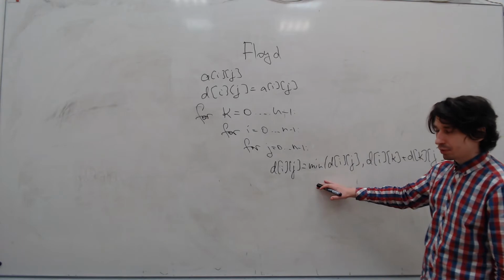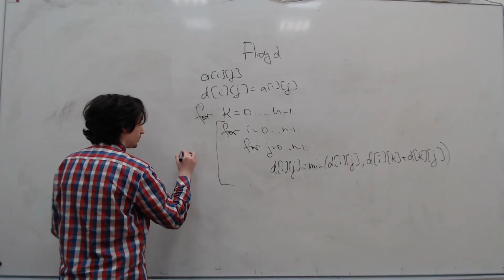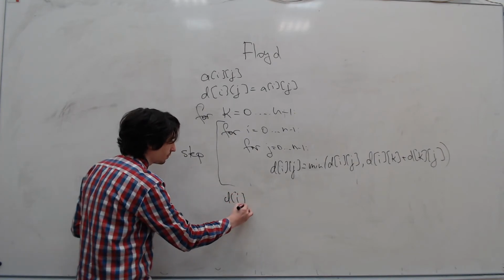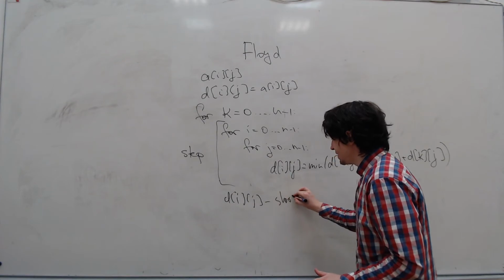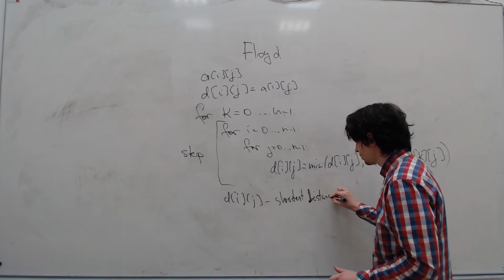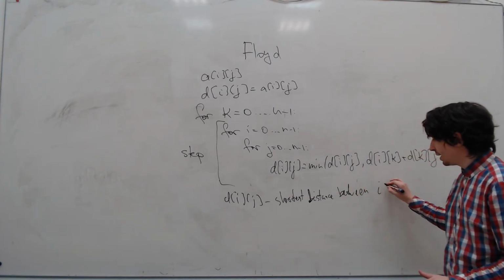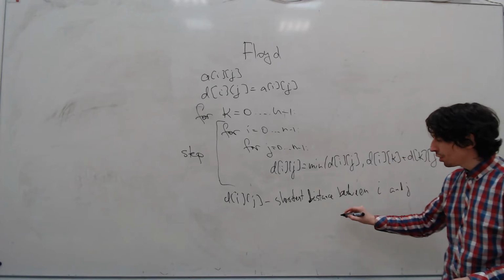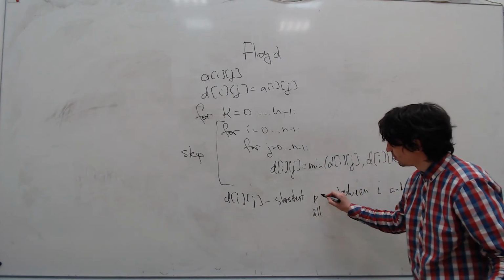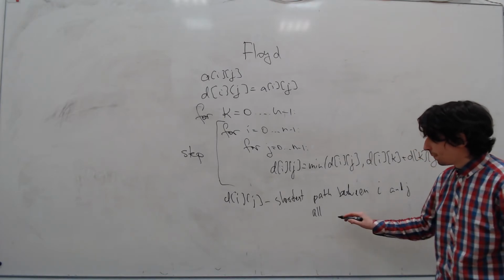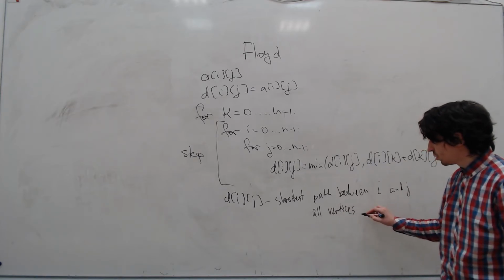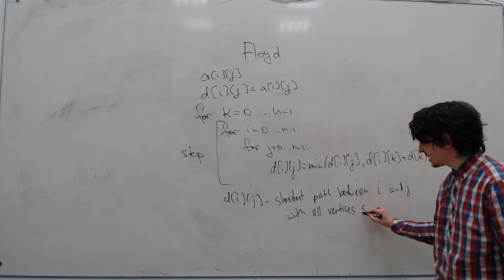After each step k, d_ij is the shortest distance between i and j with all intermediate vertices less than k.